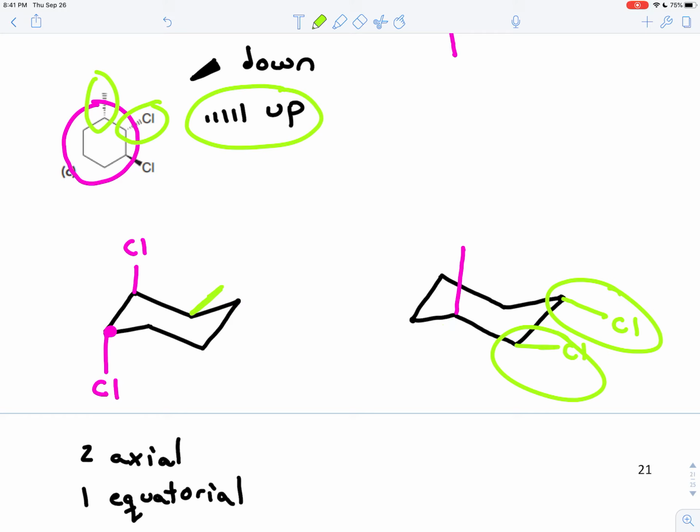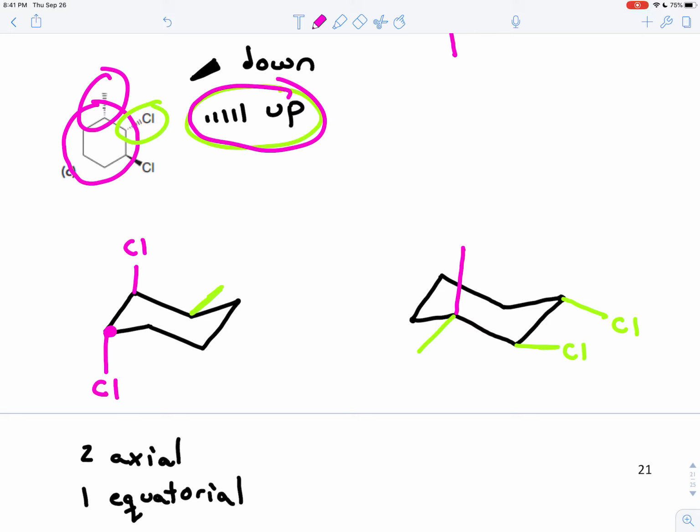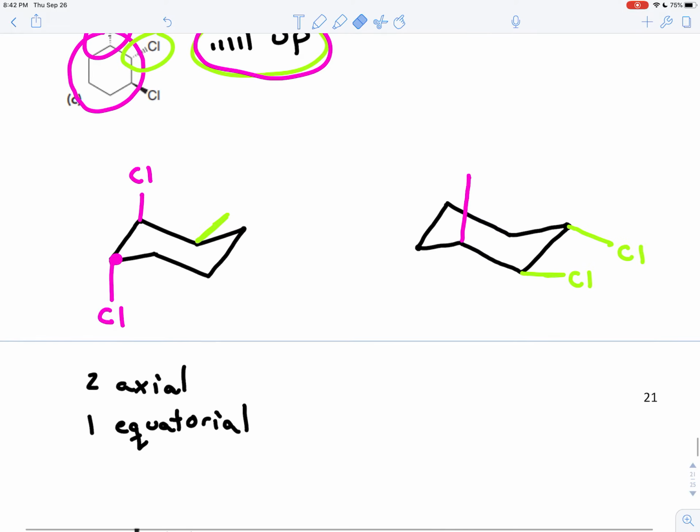So we know that this methyl group will be pointing up, and it's going to be right next door to our previous carbon, right here. And if it's pointing up there, it must be axial, because we already determined the equatorial position is pointing down there. And so that is the other conformation for this.